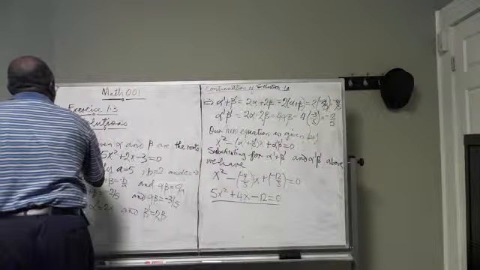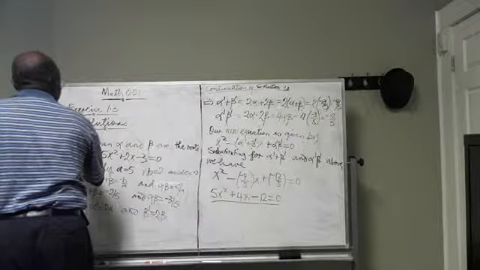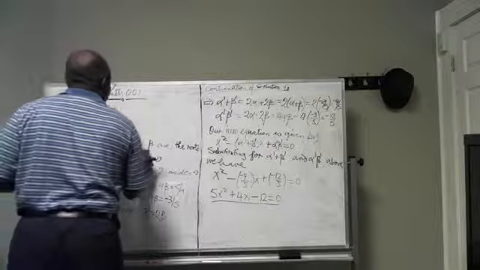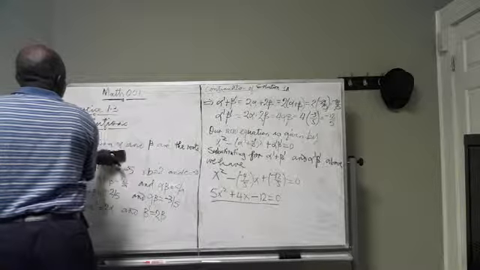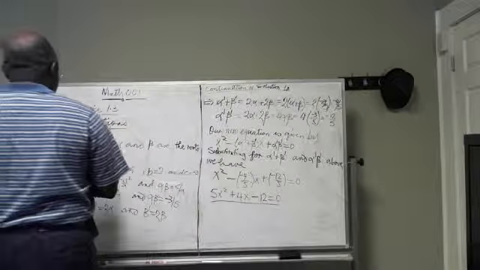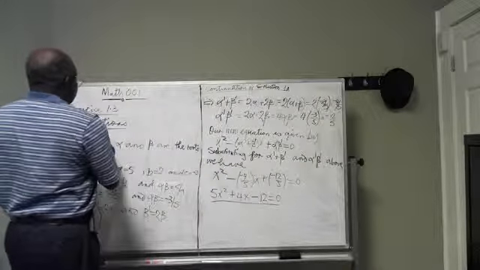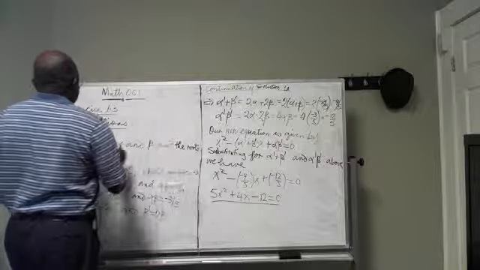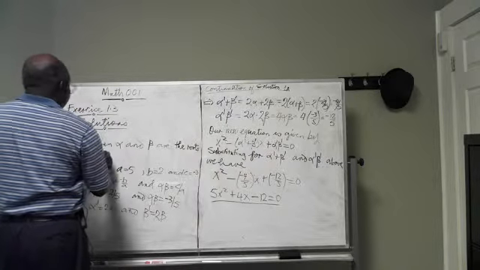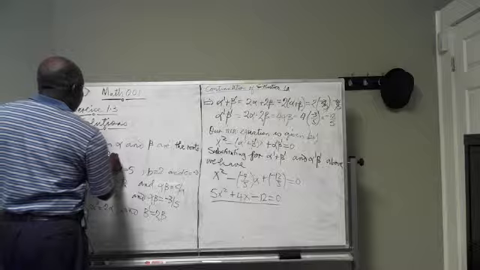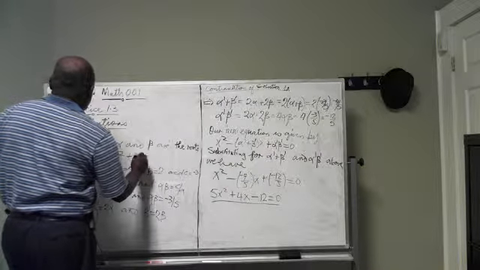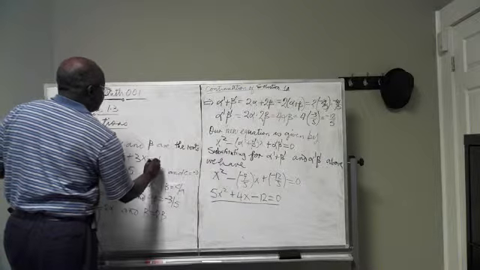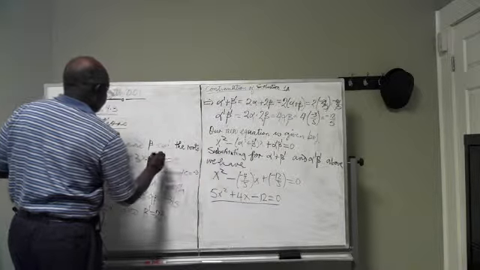Problem 1b. Given alpha and beta are the roots of 2x squared plus 3x minus 4 equals 0.